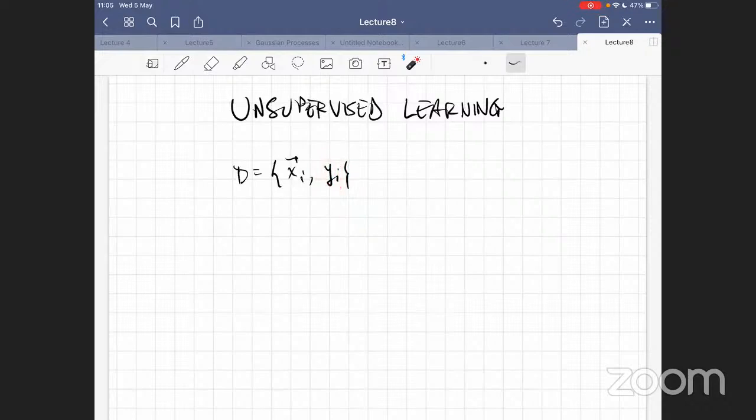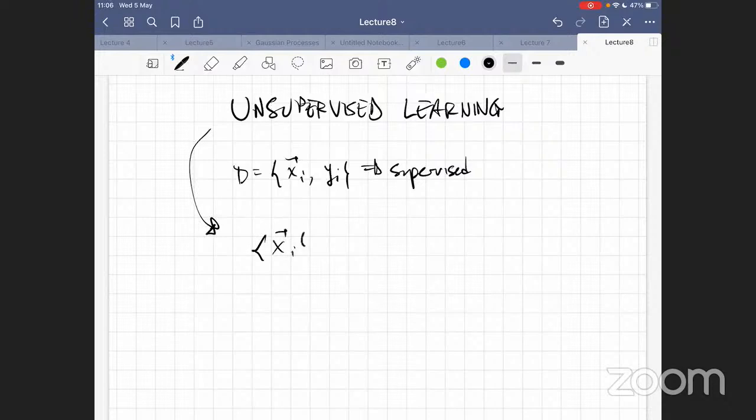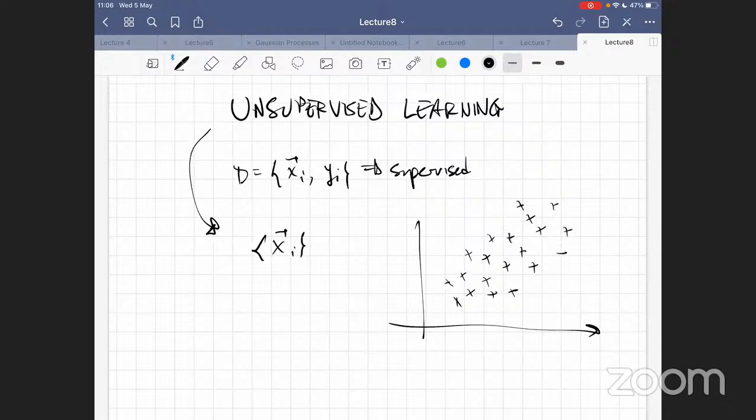So in contrast, this is supervised learning. In contrast here, in unsupervised learning, what we have is just a bunch of points, which are unlabeled, in a sense that typically you can picture this as some clouds of points where a priori there is no apparent distinction between them, right?